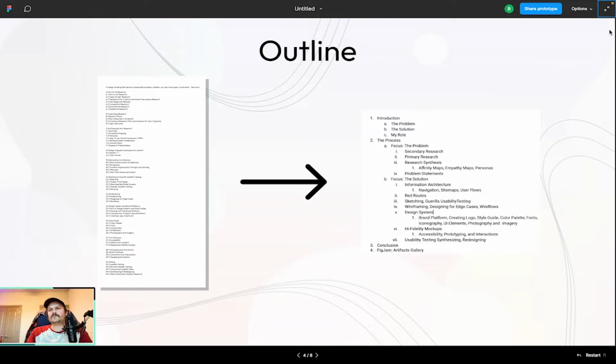And so what I would suggest is, it may not be the very first thing that you do, but one of the first things would be to start an outline. And this is my exact outline over here on the left. I doubt you can read it; it's almost impossible for me to read on the screen in front of me.